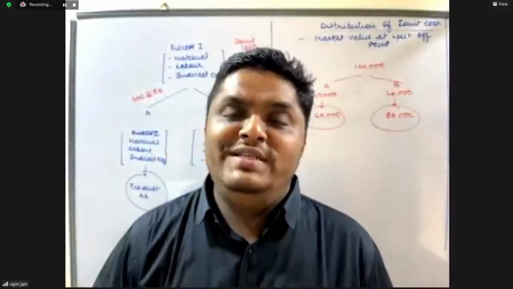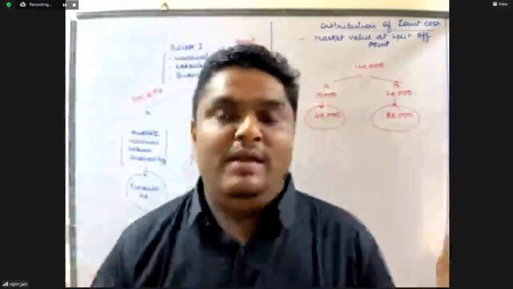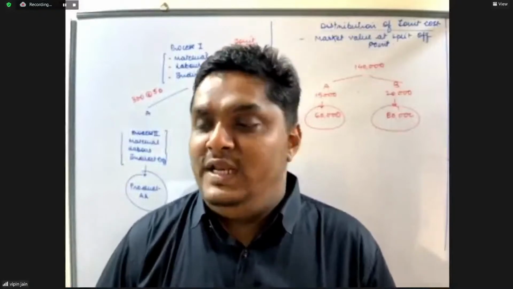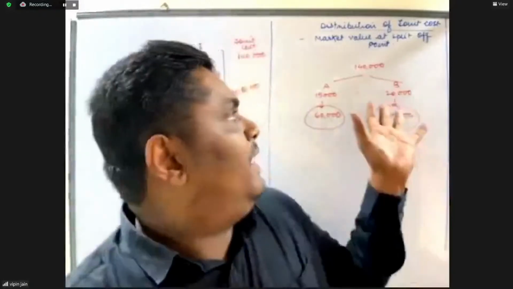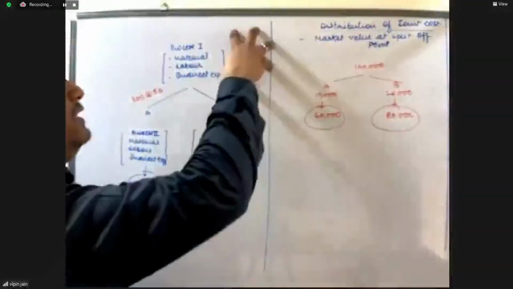Herein, neither the units are the same, nor is the joint cost distributed in the ratio of selling price. So herein, again, when talking about this example, my joint cost is 1,40,000.